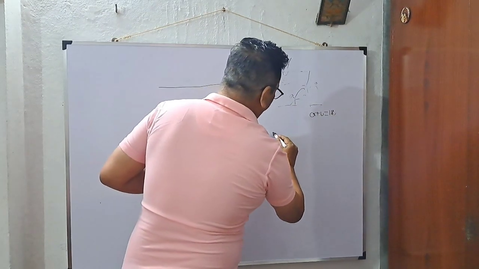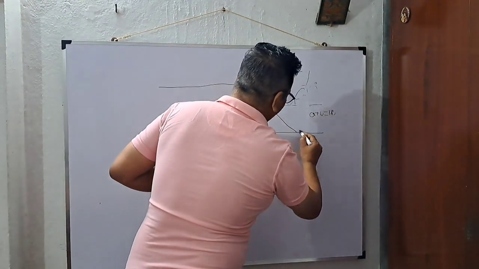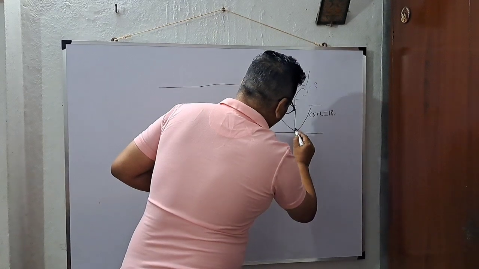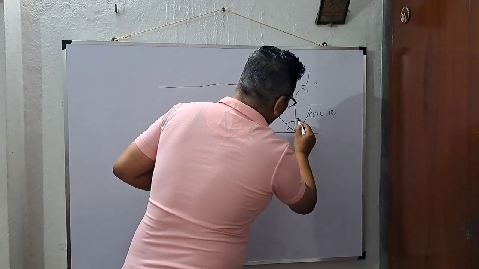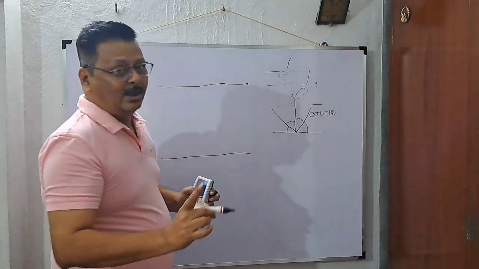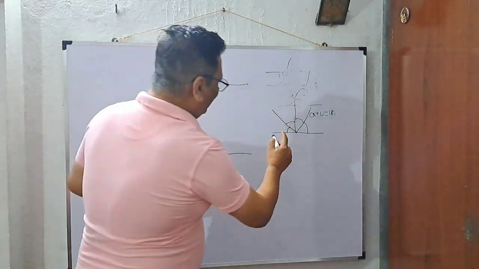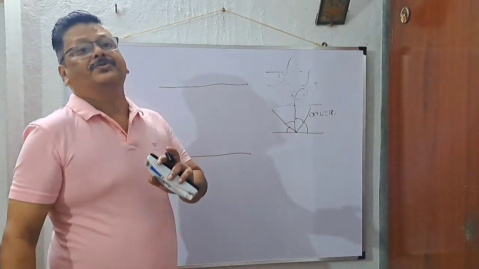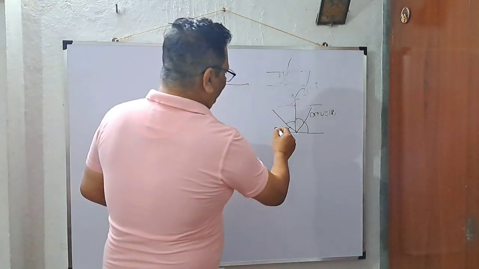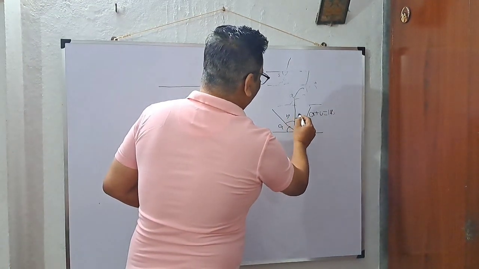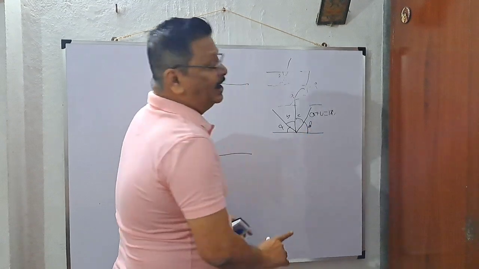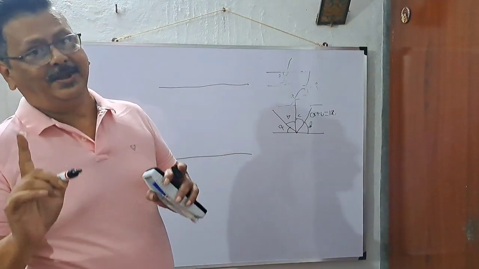Suppose we have a line and we have three lines like this. So we call these angles angles on a straight line. So all these angles A, B, C, D will add up to 180 degrees.